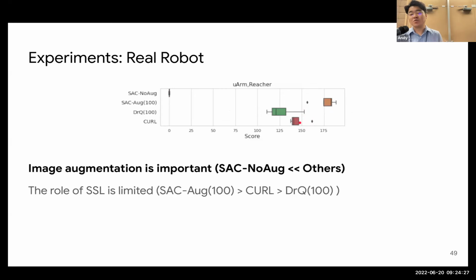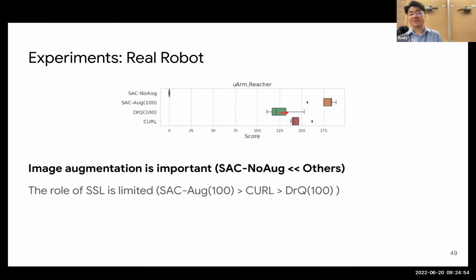CURL is one of the most typical examples of self-supervision plus reinforcement learning. We were able to see that the basic vanilla image augmentation itself was sufficient to outperform CURL. DrQ, which was really good in DMC, didn't work very well here, meaning that it was kind of overly optimized to DeepMind Control Suite parameters.